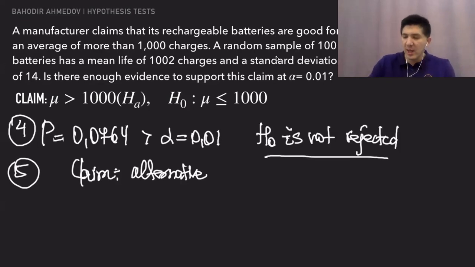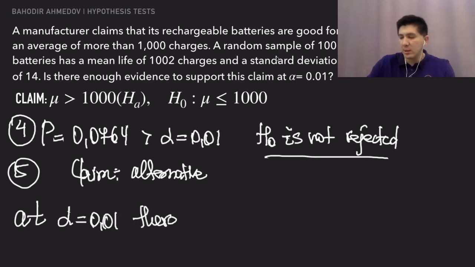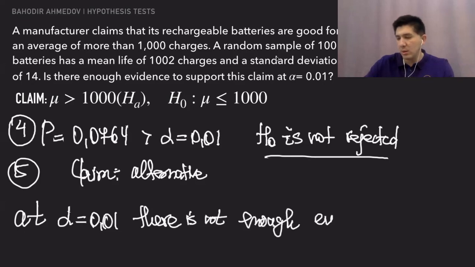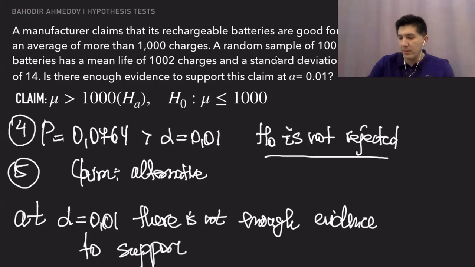So we usually say the conclusion in the full way: at the level of significance 1%, 0.01, there is not enough evidence to support the claim. This is how the proper conclusion about the hypothesis should look.